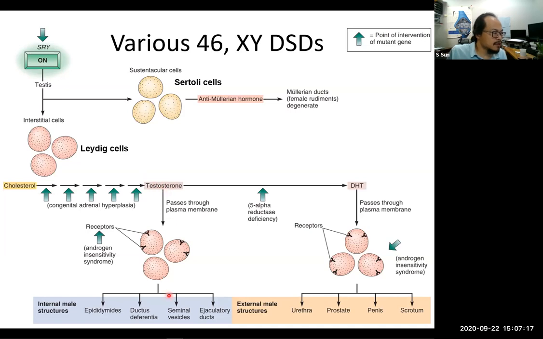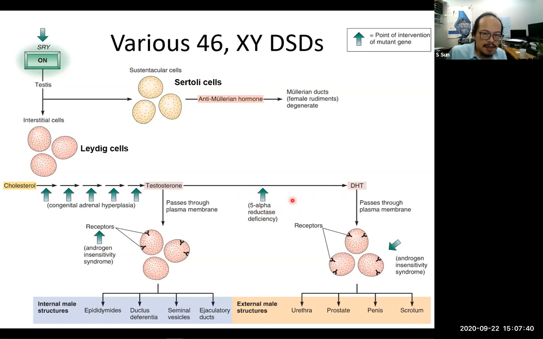So testosterone can develop into the internal epididymis, ductus deferens, seminal vesicles, ejaculatory duct, and converted to the DHT.